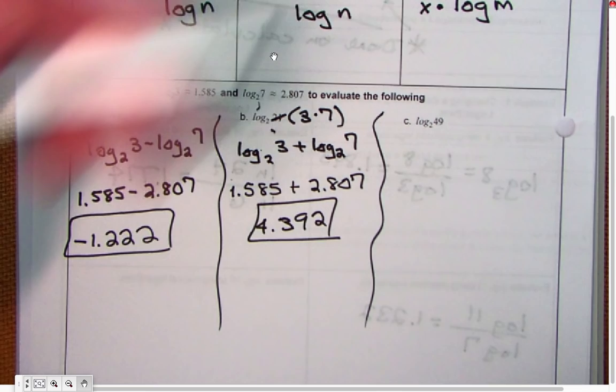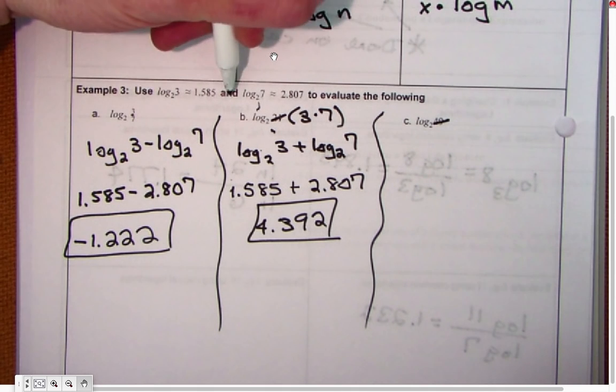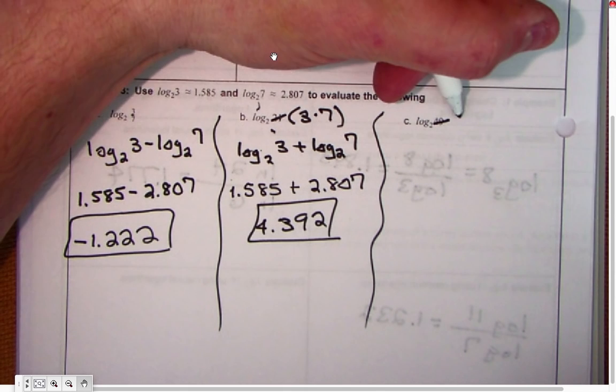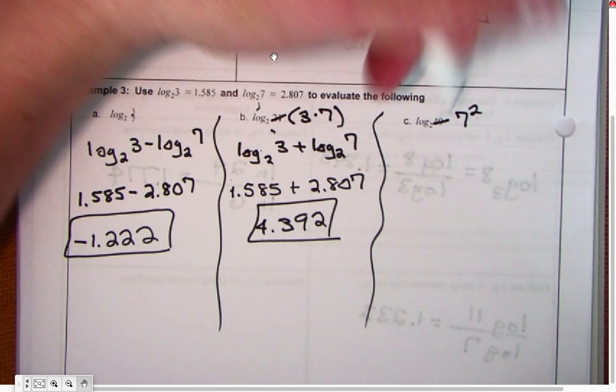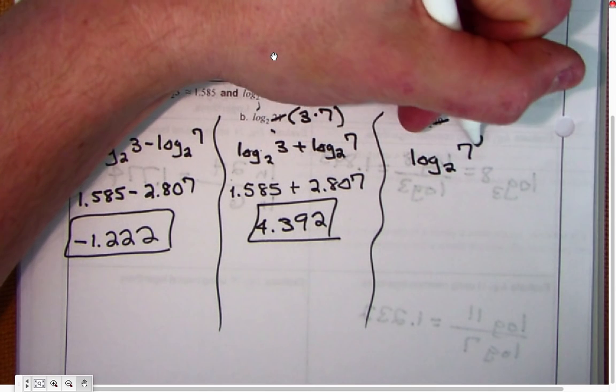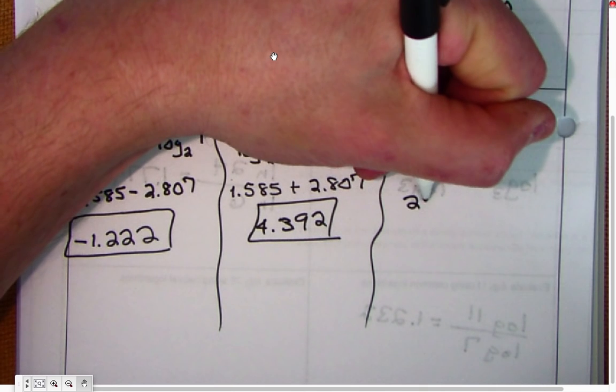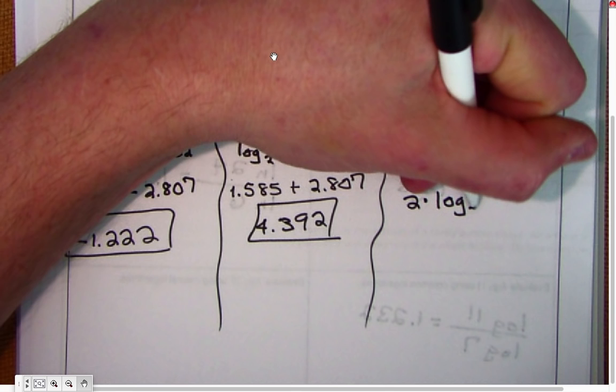All right, and lastly, logarithm base 2 of 49. We can use this property right here because we know that 49 is 7 squared. So we can say the logarithm base 2 of 7 squared. We can take this 2 and bring it out front: 2 times the logarithm base 2 of 7.